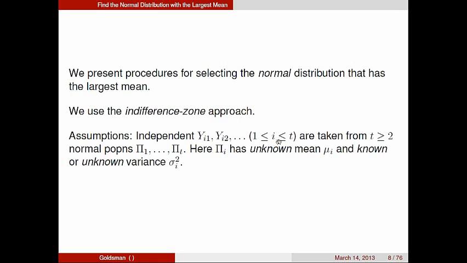And t is the number of populations that are competing against each other. And let's suppose that I don't know the means, because I want to rank them by the means. I don't know them. And let's just pretend for now that I have a known variance, although I can also have an unknown variance for these populations. So I've got t, maybe 5, maybe 10, maybe 20 normal populations, and I want to find the one that's got the largest unknown mean.